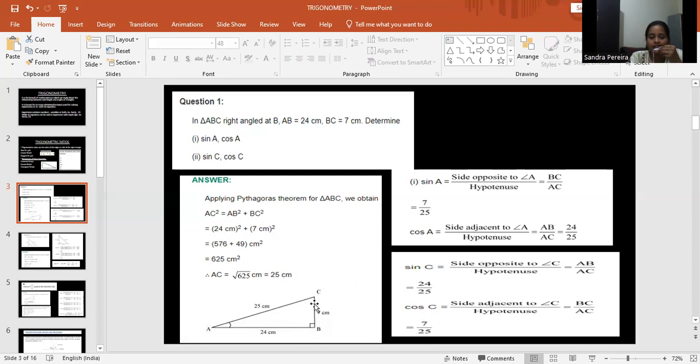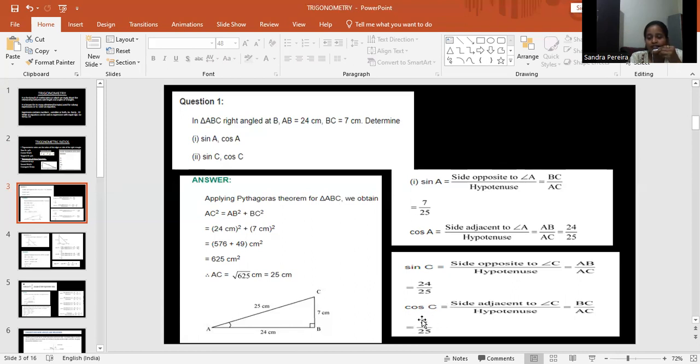And here we are taking angle C. So side opposite to the angle C is AB, and hypotenuse is AC. So AB by AC. Now we put the value of AB and AC. We got 24 by 25.